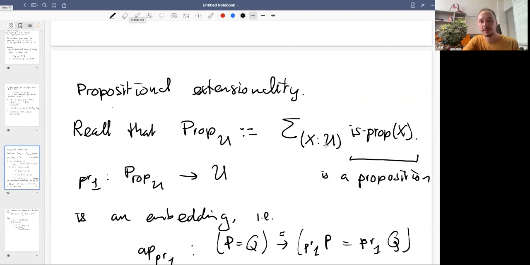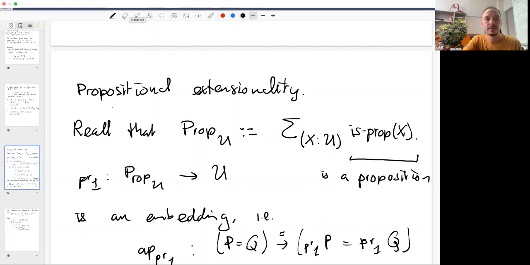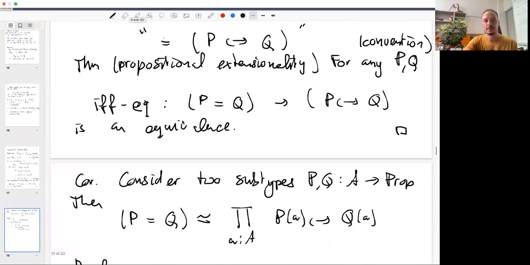It is a type together with a proof that it is a proposition. And then you use projection out of the sigma type to get your underlying type. So that's why. Are there any more questions? If not, then I will carry on.